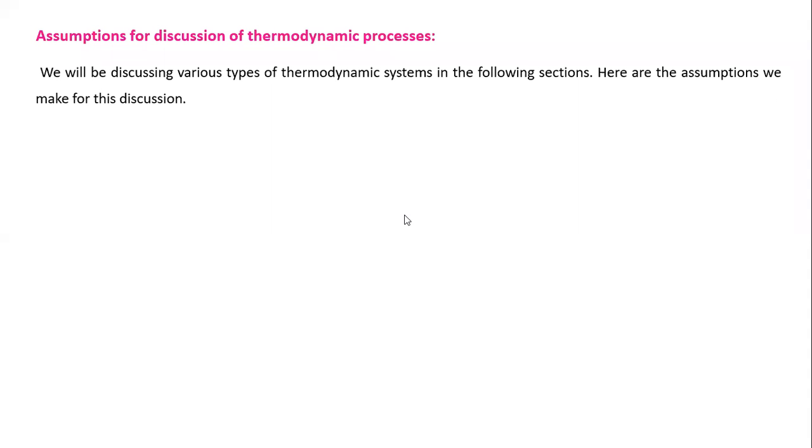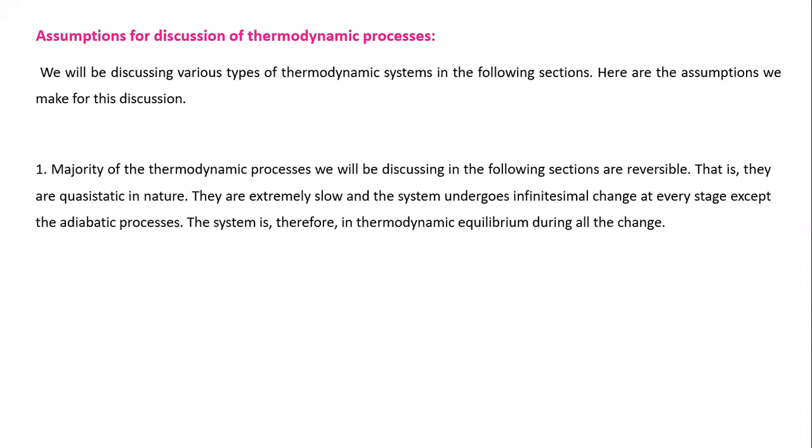Now let me learn some assumptions for the discussion of thermodynamic processes. The first assumption: the majority of thermodynamic processes we will be discussing in the following section are reversible. Now pay attention. Whatever processes we are discussing, they are reversible. That is, they are quasi-static in nature. Quasi-static means they take much longer time.